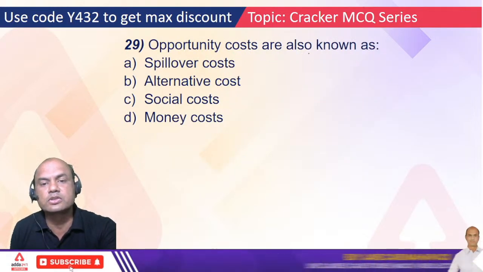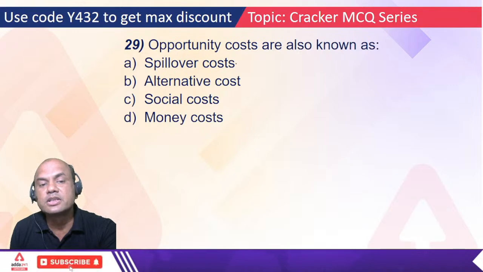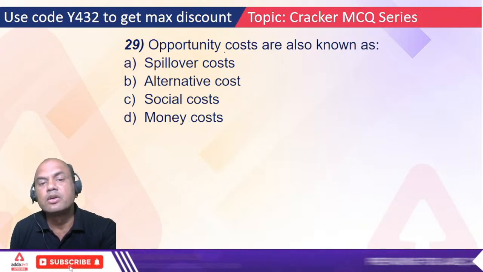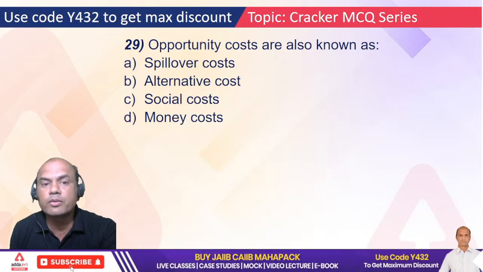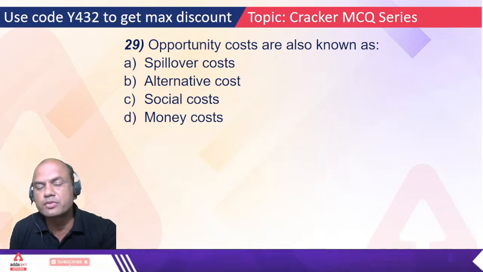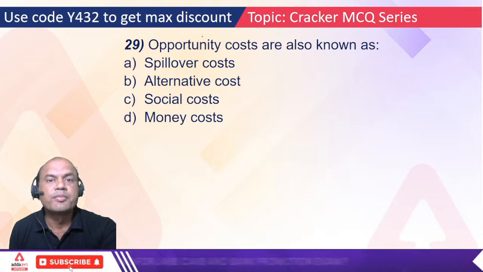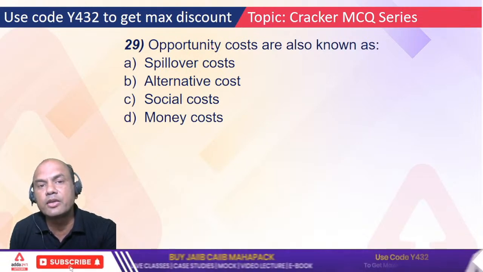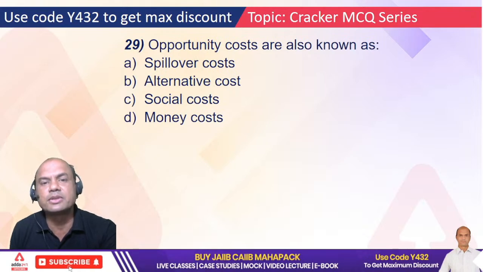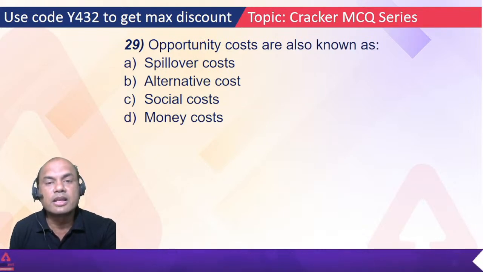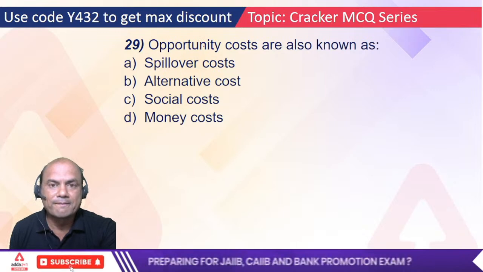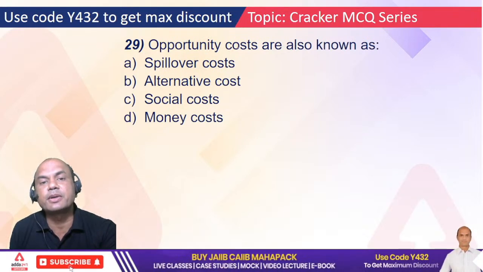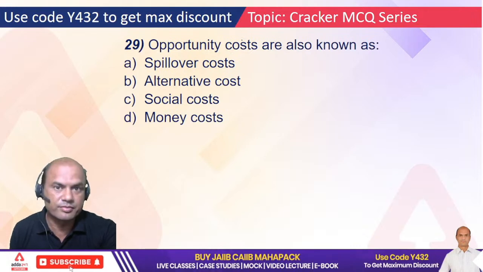Opportunity costs are also known as, what is opportunity cost? Spillover, alternative, social cost, money cost. Here, firstly understand the meaning of opportunity cost. I'll give you a simple example. If I have 1 lakh rupees and I keep it in an FD at, let's say, 5%, there is one more option for me: invest in mutual funds, where the returns expected are around 15% per year.